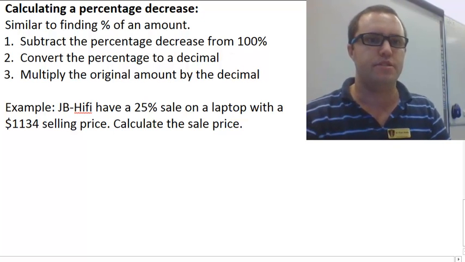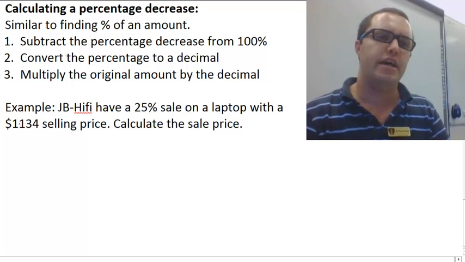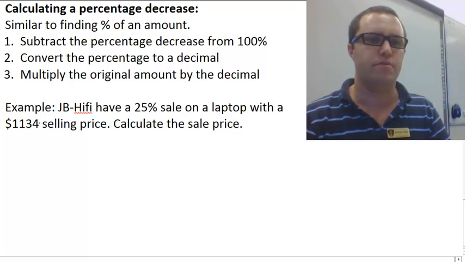So, for example, JB Hi-Fi might have a 25% sale on a laptop that has a selling price of $1,134. Calculate the sale price.